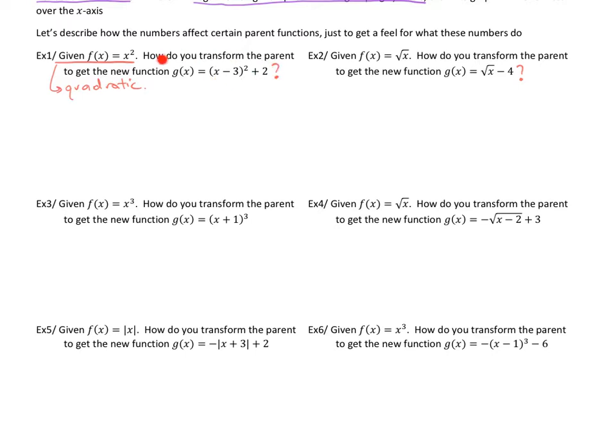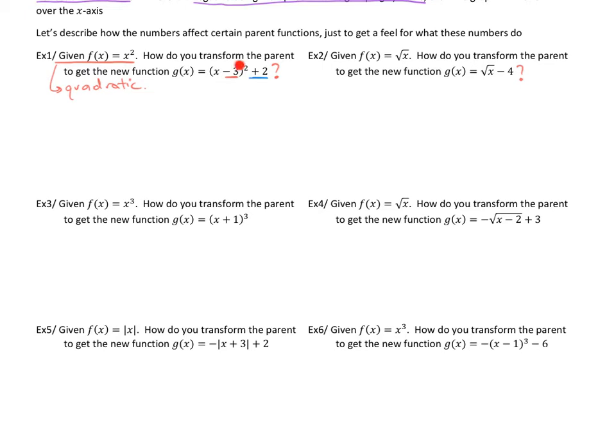I'm looking for words. In words, how does that minus 3 affect the graph, and how does that plus 2 affect the graph? Well, I'm going to underline this minus 3 in red, and I'm going to underline this plus 2 in blue, just so we can talk about it. It looks like since we have something either added or subtracted inside grouping symbols with x, that's going to be a horizontal translation.